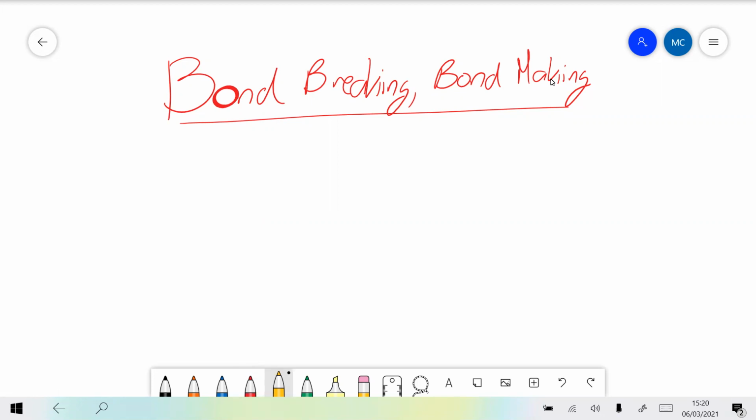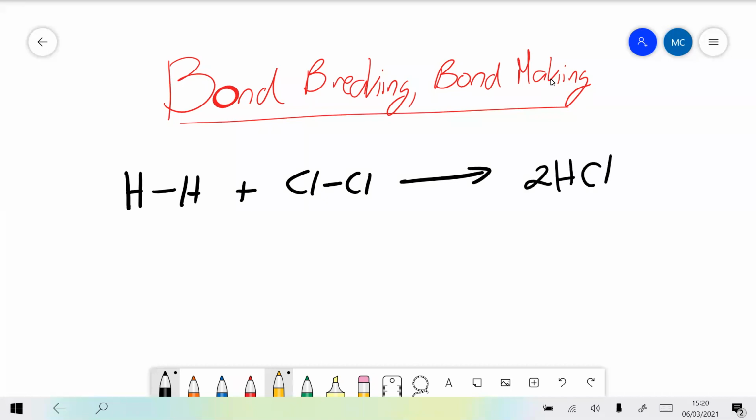So let's think a little bit about the reaction of hydrogen plus chlorine to give 2HCl.